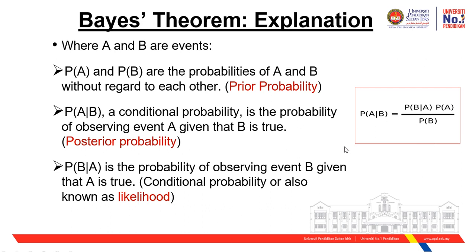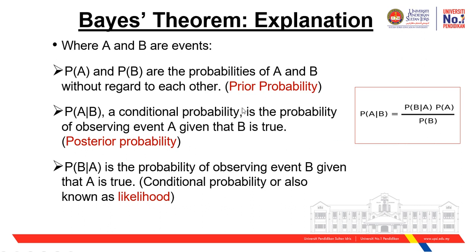So let's look back at the Bayes theorem formula P(A|B) equal to P(B|A) times P(A) over P(B). From this formula, we have here P(A) and P(B). P(A) and P(B) are the probability of A and B without regard to each other, they are independent. So we call this a prior probability.